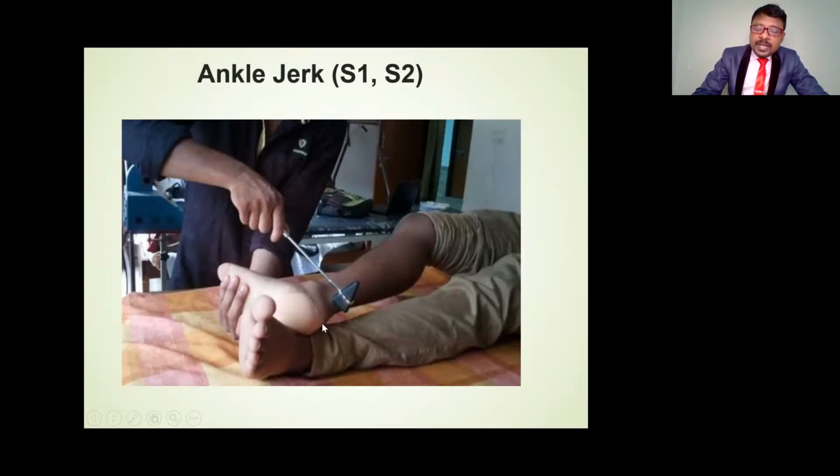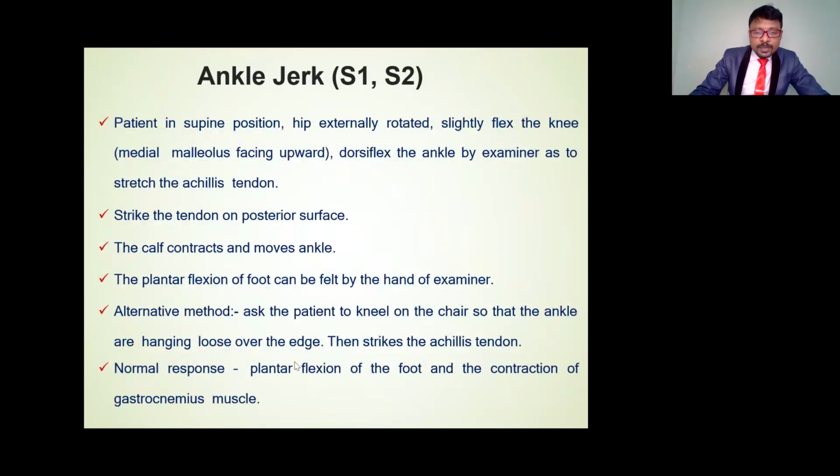The tendo-Achilles means the tendon of the Achilles, which is exactly the insertion of the gastrocnemius and soleus. If you tap over the tendon, the response will be plantar flexion of the ankle. That is the major response. Here we can check that the S1 and S2 nerve roots are intact.